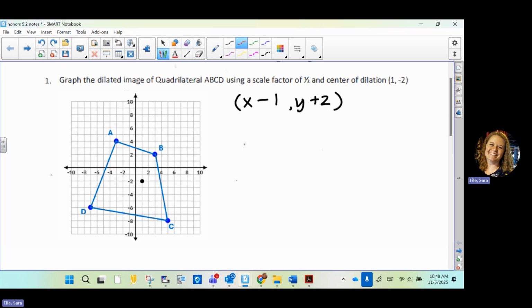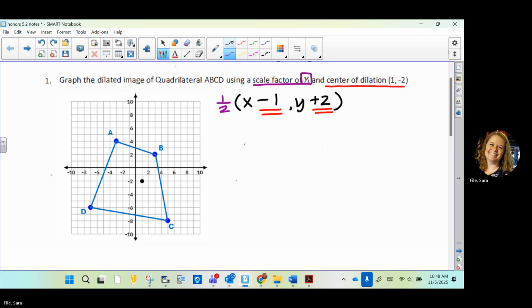And so that's coming from your center of dilation. That's why I did this. Then you're going to take your scale factor, and your scale factor, we said in 5.1, is your multiplier. So you're going to multiply by your scale factor, whatever that is.